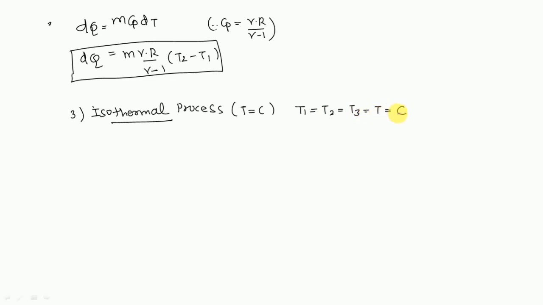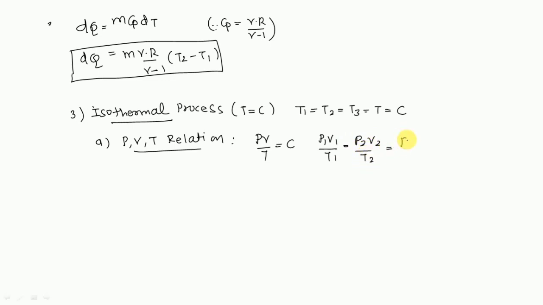So first let's derive the PVT relation, the pressure, volume and temperature relation. As per the gas characteristic equation, we can write PV upon T is equal to C. So P1 V1 upon T1 is equal to P2 V2 upon T2 is equal to PV upon T is equal to constant.